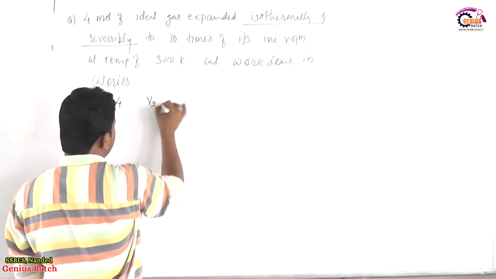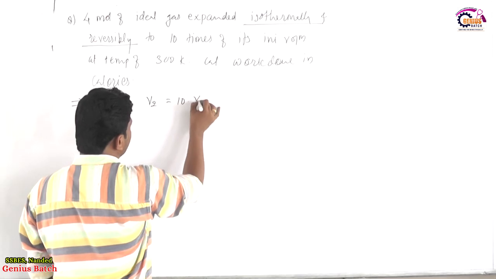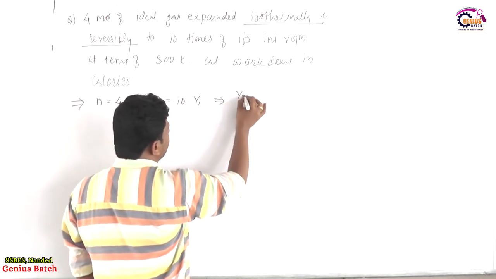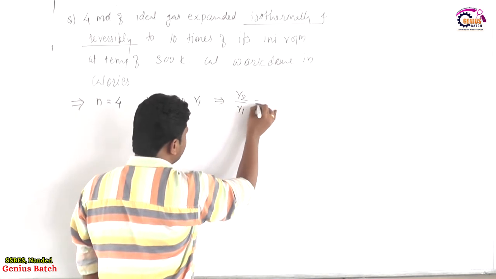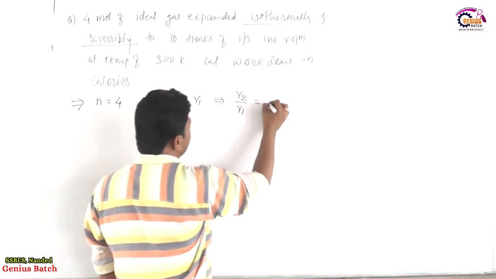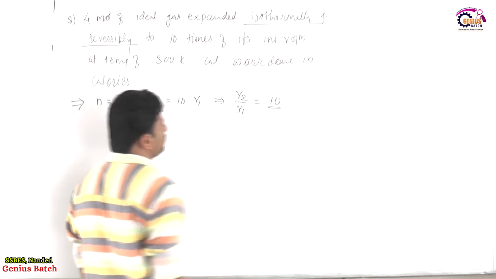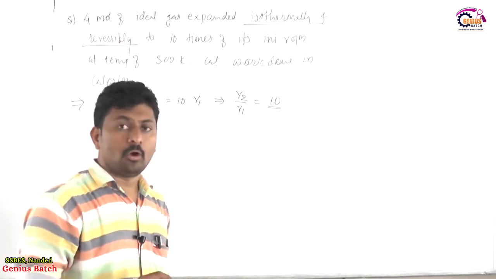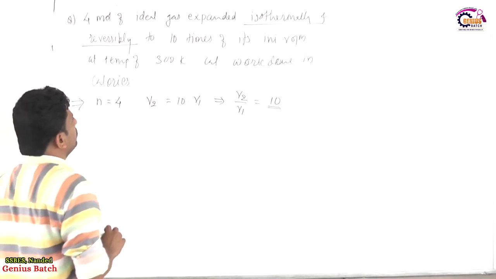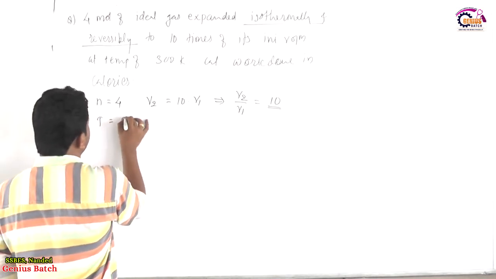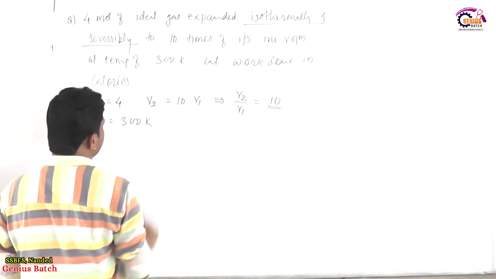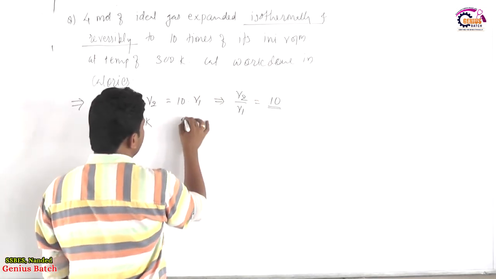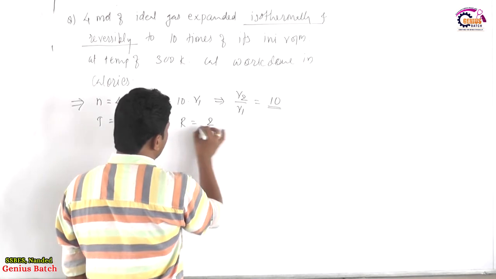So V2 value is 10 times V1. If we rearrange it for the required term V2 divided by V1, then the ratio V2 by V1 will become 10. This is convenient to calculate the log of it. Now temperature T is given, it is 300 Kelvin, and to calculate work done in calories the value of R should be used as 2.